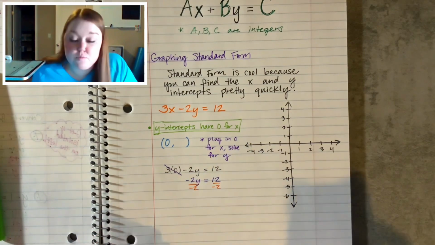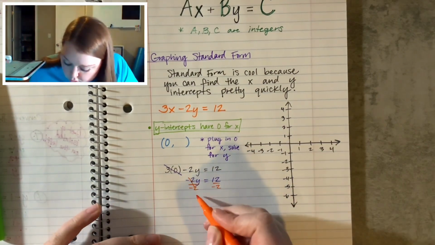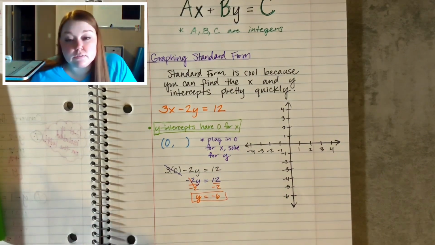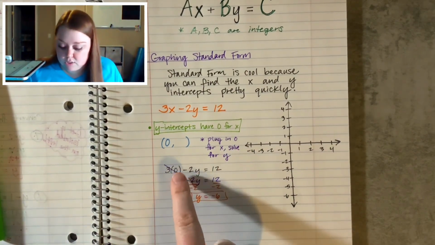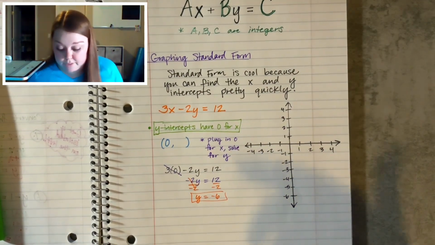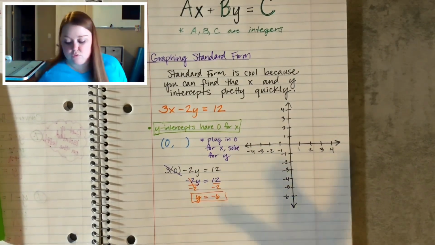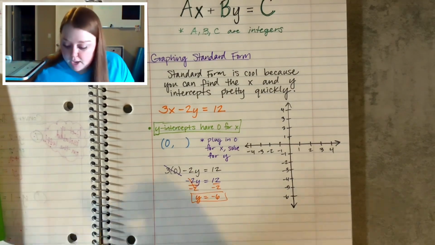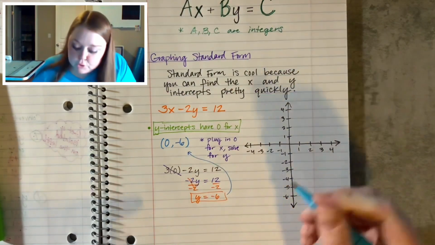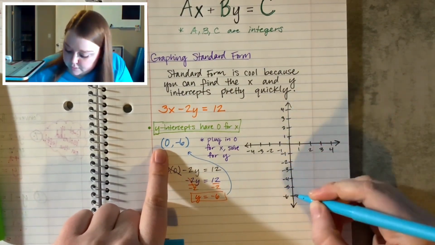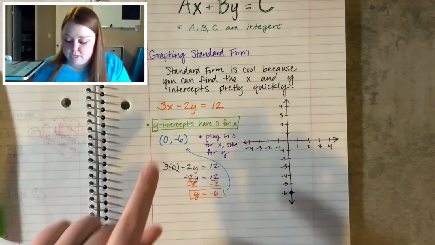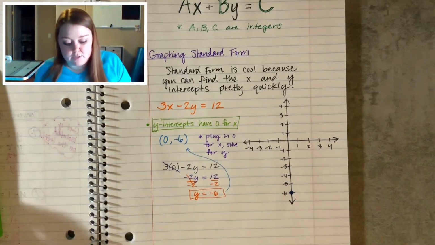I divide both sides by -2. What do I get for y? -6. So y equals -6. That means your y-intercept is (0, -6). Go ahead and plot that point on your graph.